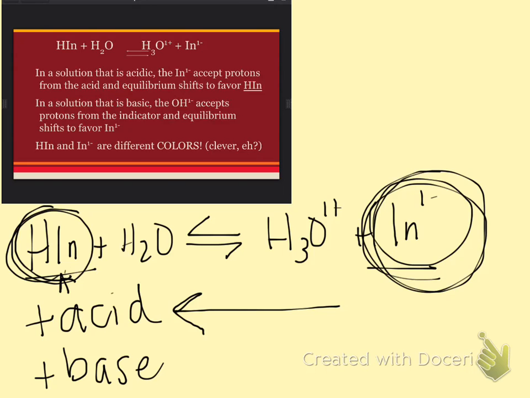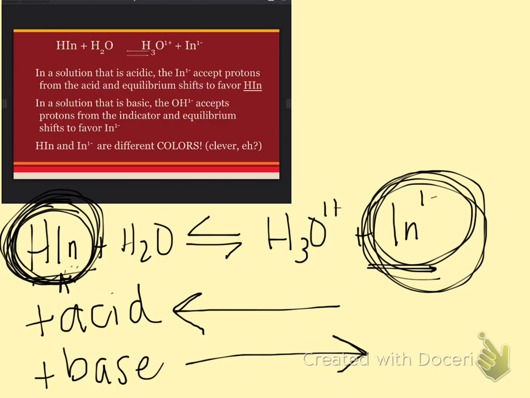Yeah, this guy is willing to give up protons, so we're going to end up creating more of this, and we're going to shift equilibrium in that direction. So if we put an acid into the solution, it's going to turn whatever color this compound is. If we put a base into the solution, it's going to turn whatever color this compound is.